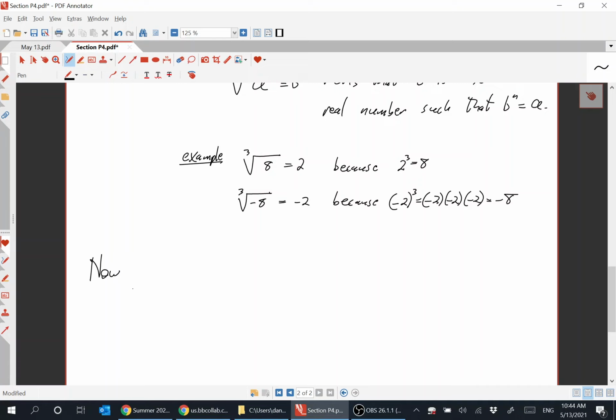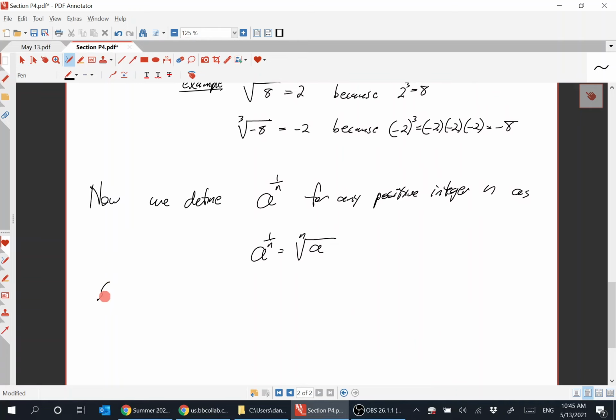We define a to the power 1 over n, for any positive integer n, as a to the 1 over n is equal to the nth root of a.